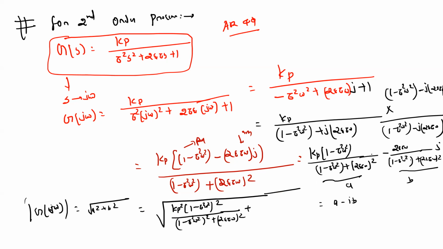Again in B square, that will also be Kp square into 2 zeta tau omega whole square divided by 1 minus tau square omega square plus 2 zeta tau omega whole square. And here in the denominator there will also be a square. I hope these things are clear.